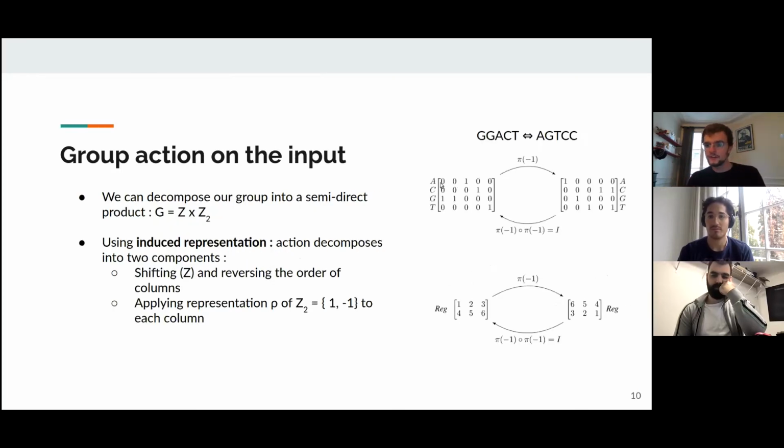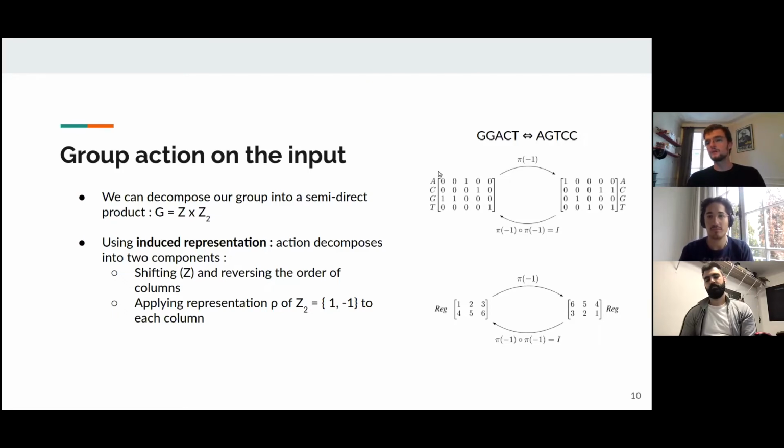On the input, the A's become T's, so the first and last rows are permuted, and the second and third are permuted. It's a bijection that is applied on each column independently.